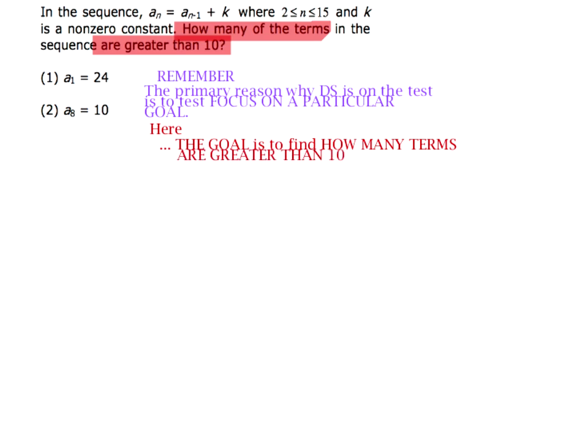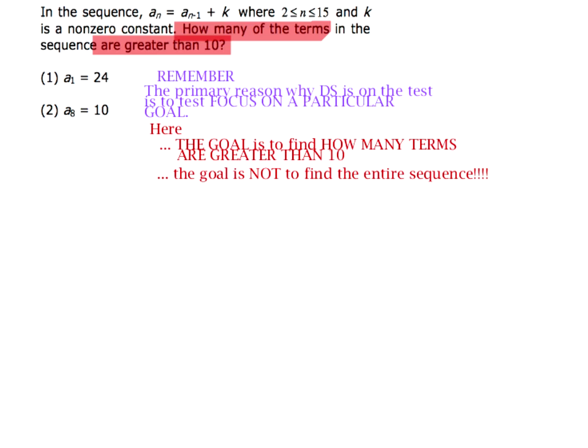And just as importantly, the goal is not to find the entire sequence. If you think you're trying to find all the numbers in the sequence, then you are basically ignoring what the problem says, and that is a bad thing. So yeah, Naga, that's a pretty good summary of what's going on. So let's talk about answer choice C here.